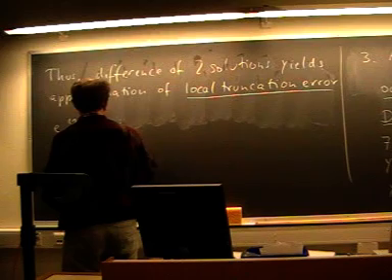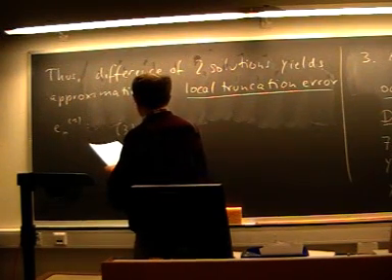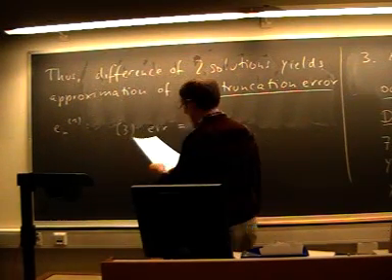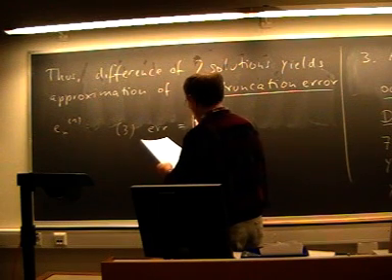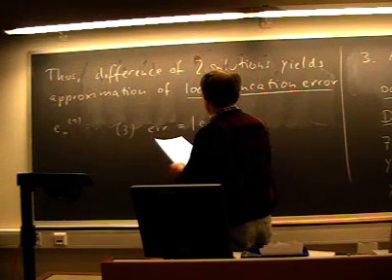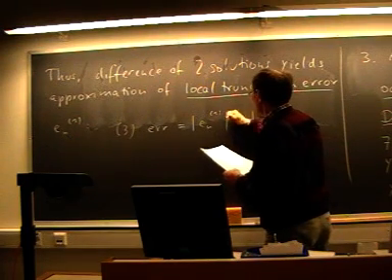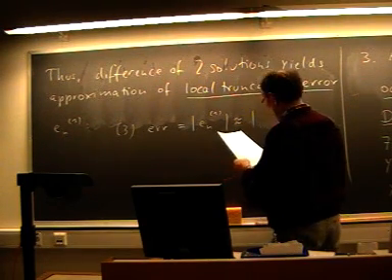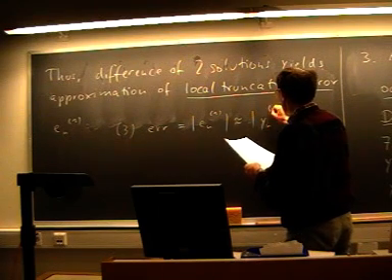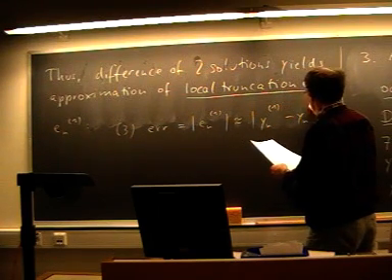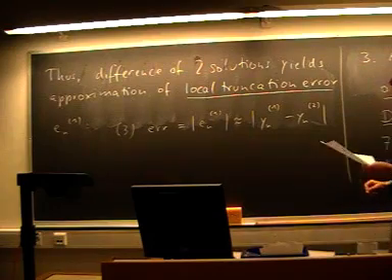We now introduce an abbreviation for the absolute value of this local truncation error. So E_n1 is then approximately the difference between the two solutions. So that is the point.